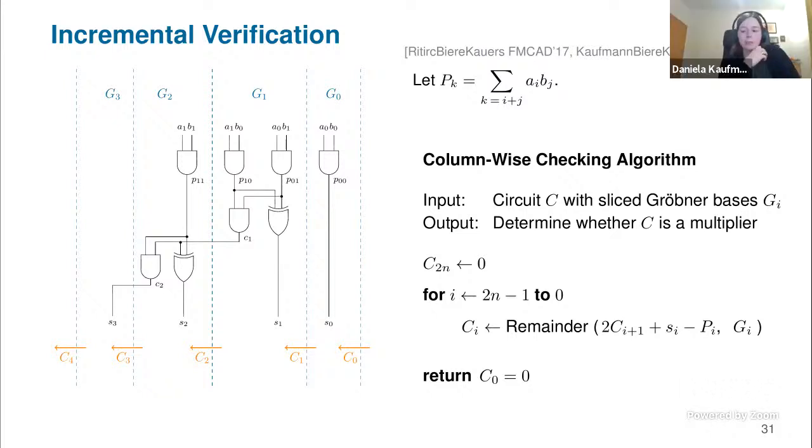No, I mean actually, I hope now I'm getting it right. What you're saying is that you would like to move the gate constraints between the layers and use them early in the verification process, because this might help to cut down the size of the polynomials. That's actually possible, because the Gröbner basis algorithm allows this. When we have our Gröbner basis, no matter what computations we do during preprocessing, we still have a Gröbner basis.